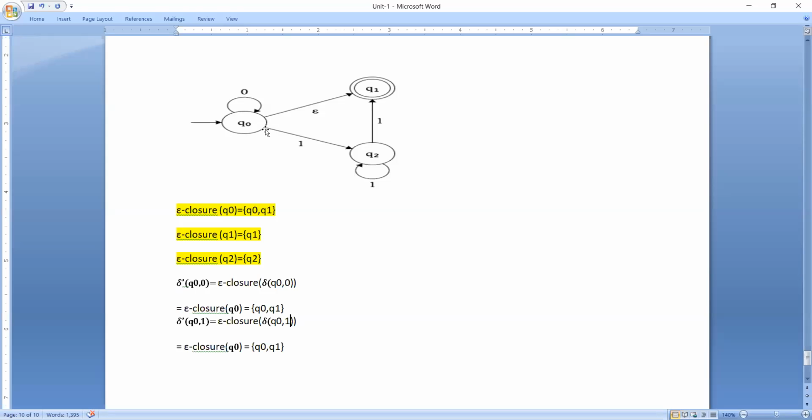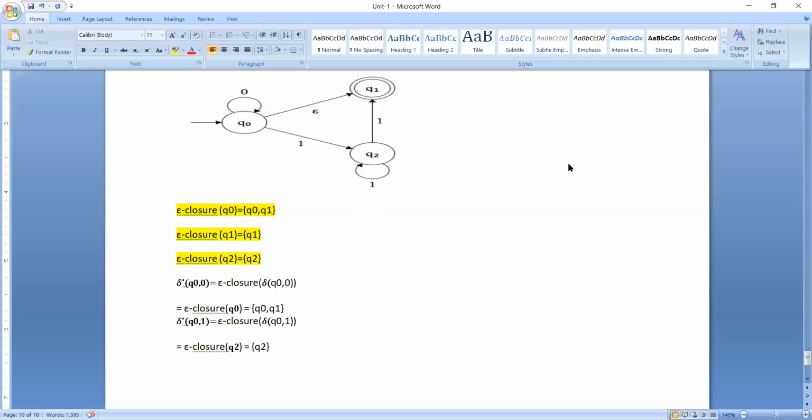On q naught, by reading input symbol 1, you go to state q2. So epsilon closure of q2 will be what? Please have a look at this. What is the epsilon closure of q2? The state q2 will be the same state q2. Okay. Now finally, please observe what we have got. Let me draw over here.